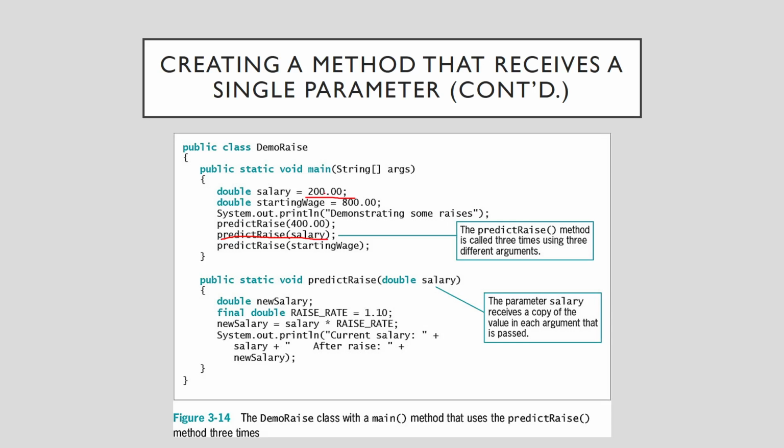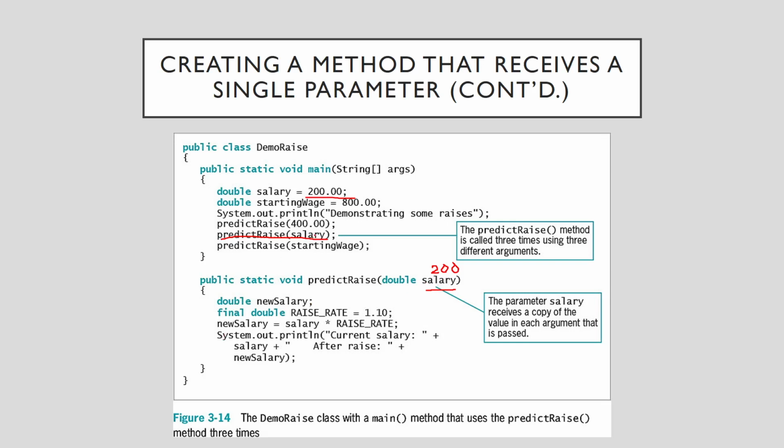So, since the value of salary will be passed as an argument here, the salary in the method definition predict raise will receive the value being passed in the method call, which is 200. So this variable salary is local within this method.